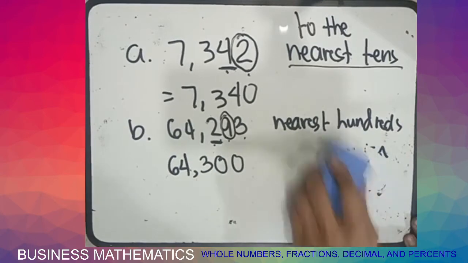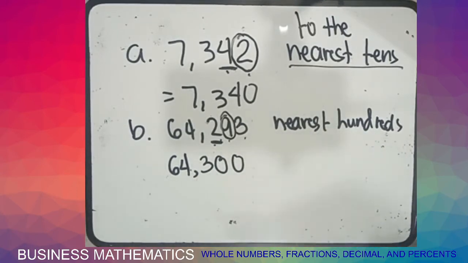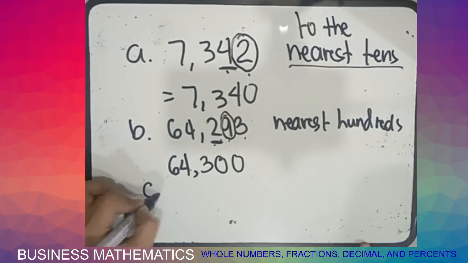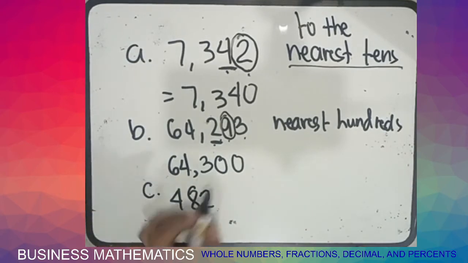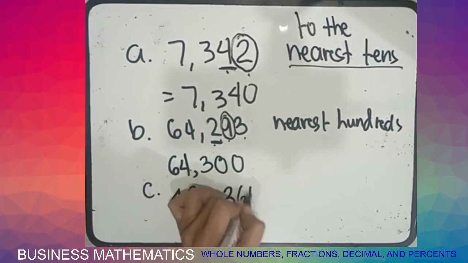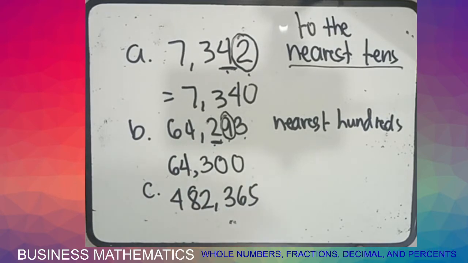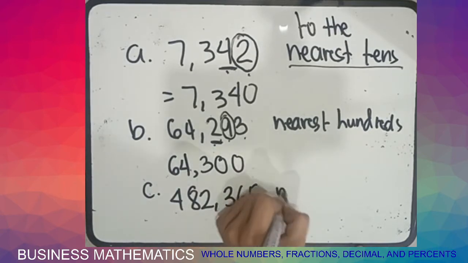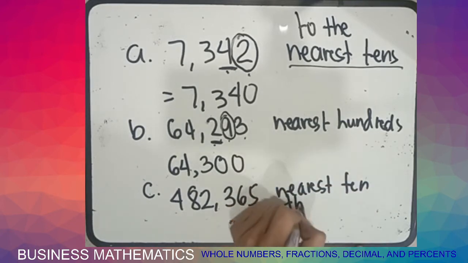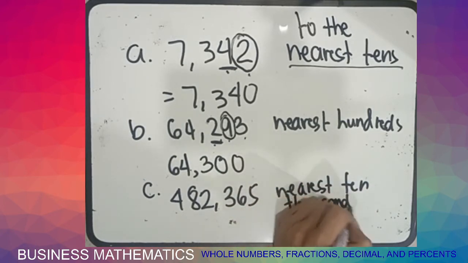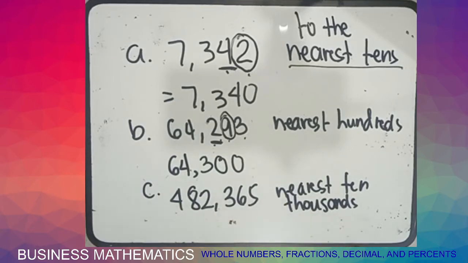Okay. So, naintindihan naman pala. So, next. Letter C. 482,365. So, i-round up daw siya in the nearest 10 thousands. Okay? 10 thousands yan.